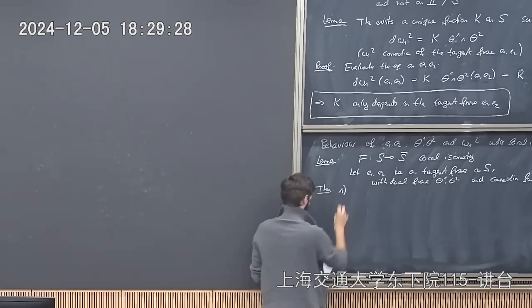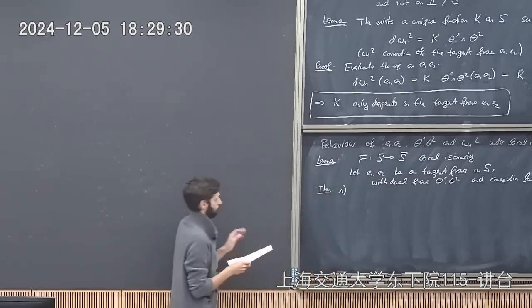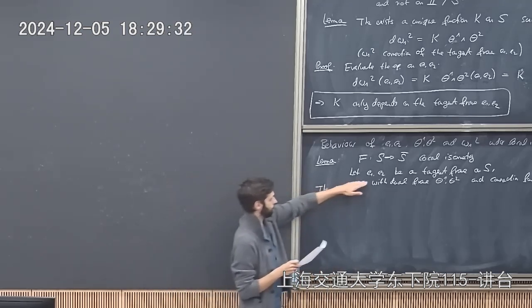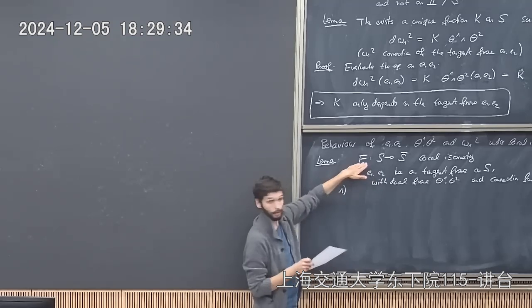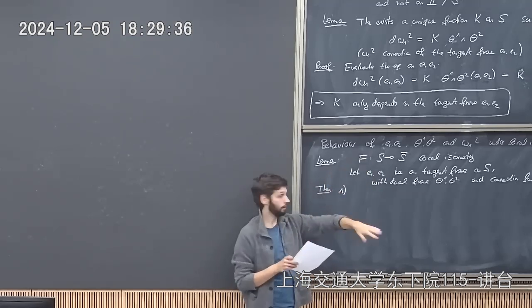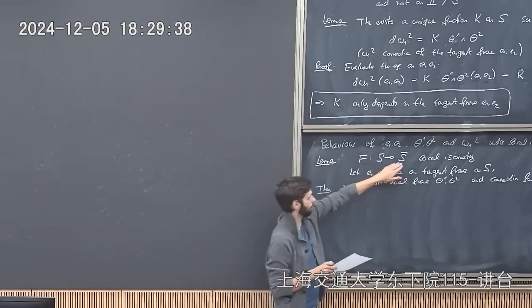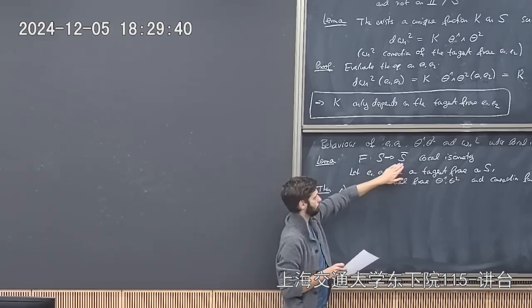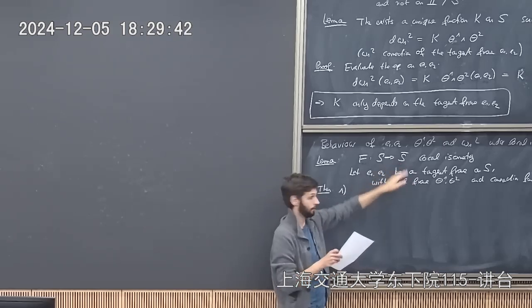First of all, if you push forward these vector fields E1 and E2 by F, you get other vector fields on S bar, and they turn out to be orthonormal again.